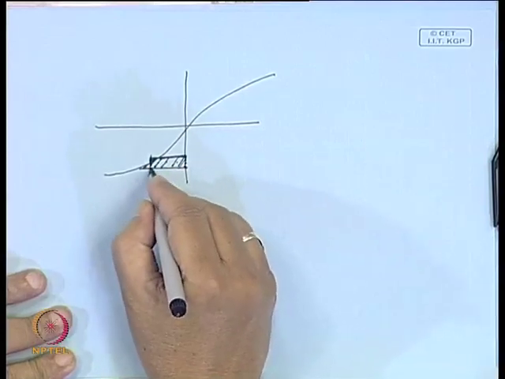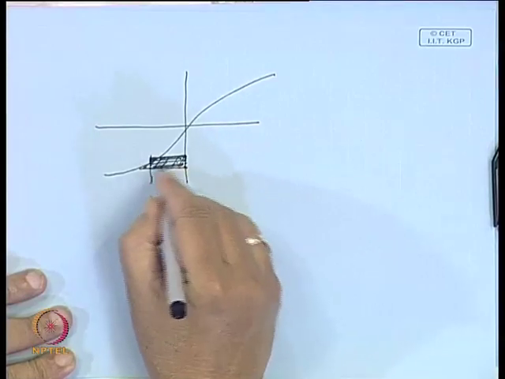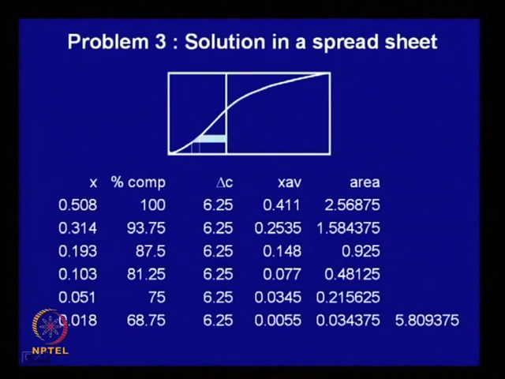So, in a way you can say this will give the approximate area, which can also be done very easily if you enter the data on a spreadsheet. Now, look at the spreadsheet: you enter the percentage composition, and this is the delta C, the change in composition. The composition has been estimated at equal intervals, it seems. Every element, the composition changes by the same percent, 6%.